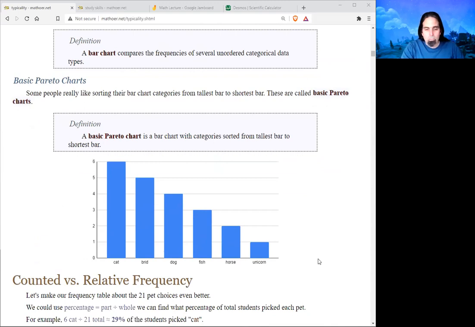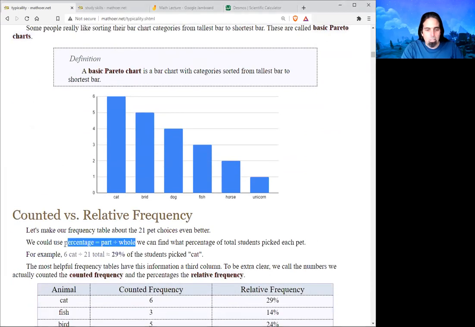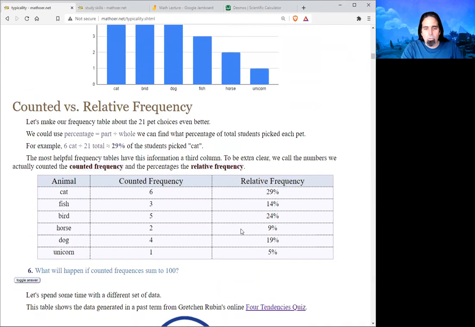So far, that's just counting. To put a little more math, we can do percentage is part divided by whole and make another column. So now there's this relative frequency column. There were 6 cats and 21 total. So 6 divided by 21 is 29% for cats. Similarly, there were 3 fish.